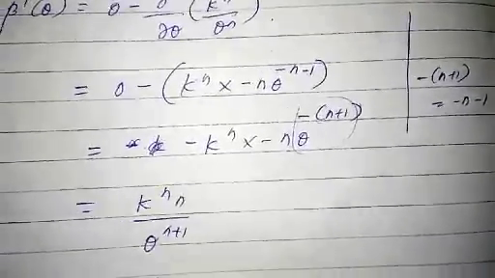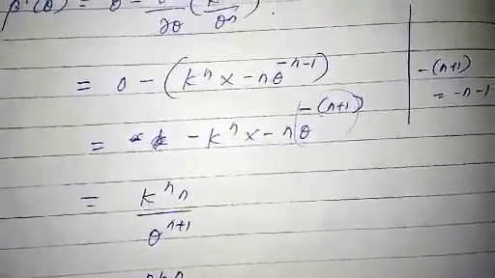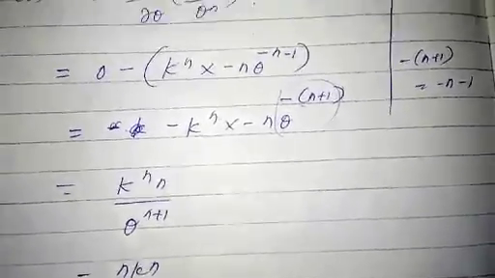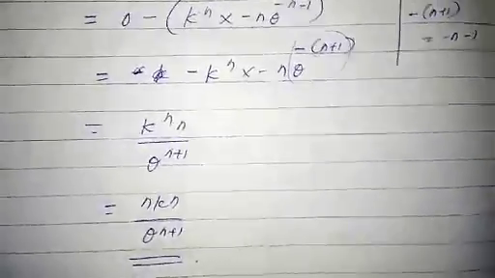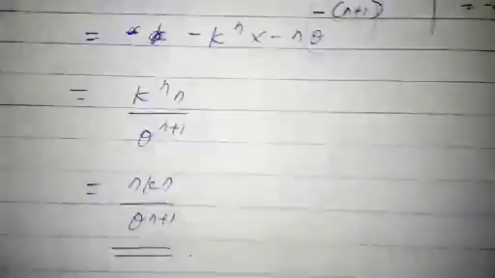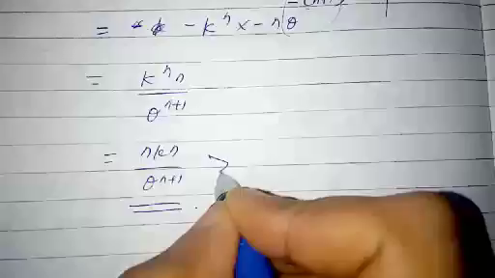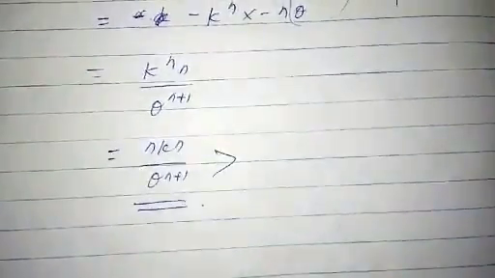Is equal to n into k power n theta n plus 1, theta n plus 1, whether it is greater than 0 or less than 0. It is greater than 0, right? Because all values are positive.